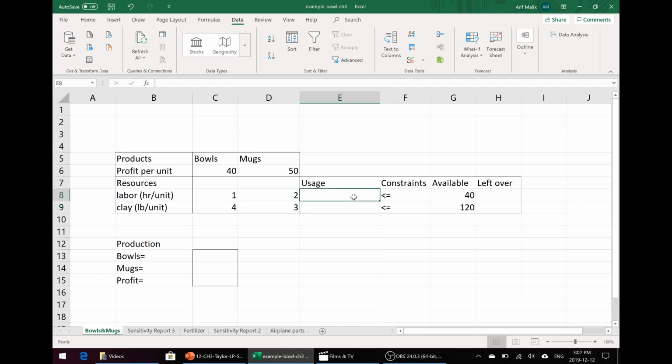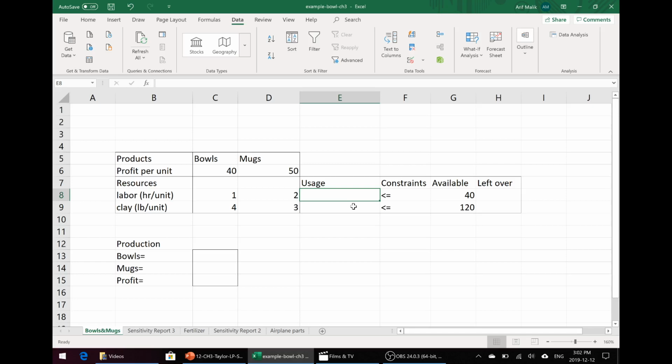Here, we will use this for filling in the formulas. The constraint is x1 plus 2x2 less than or equal to 40.